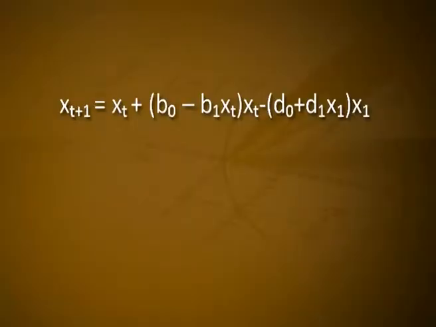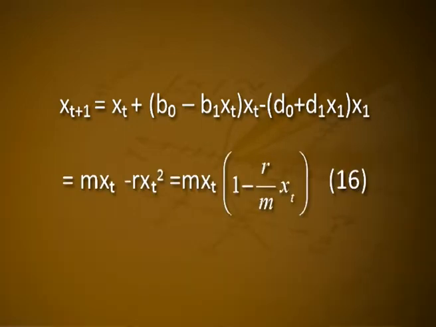We now consider the generalization when births and deaths, b and d per unit population, depend linearly on x_t, so that x_{t+1} = x_t + (b_0 - b_1 x_t) x_t - (d_0 + d_1 x_t) x_t, which is equal to m x_t - r x_t^2, which is equal to m x_t (1 - (r/m) x_t).